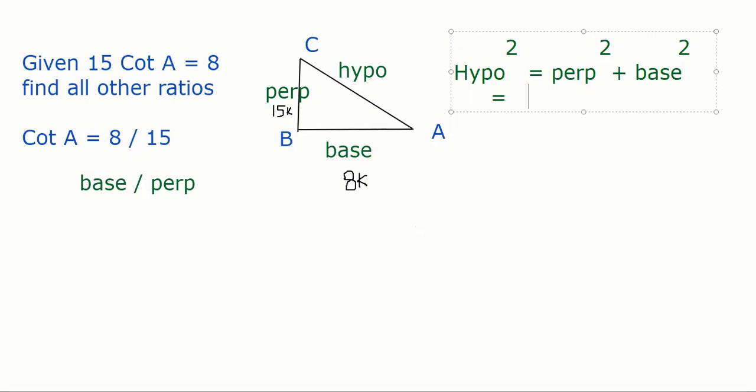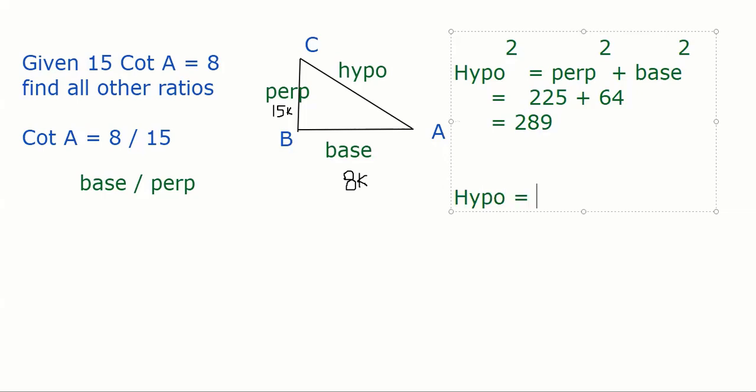Perpendicular 15, squared is 225. I am not putting k now, but it is k squared. Base is 8, squared is 64. 225 and 64 is 289. When you take the root, the hypotenuse is 17, and then we put k because it's a constant. So the hypotenuse is 17k, or 17 if k is 1.